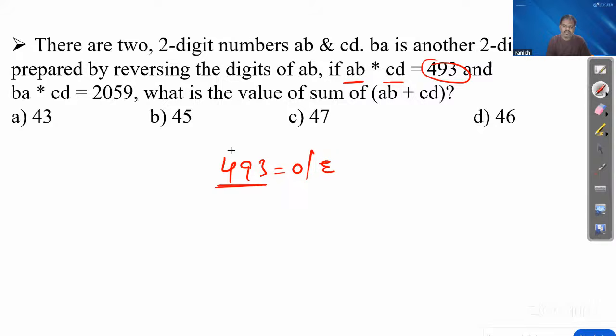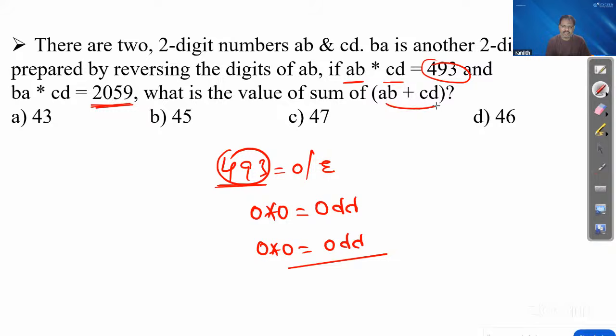When we are getting the value as an odd number, odd into odd will be equal to odd number. Here also multiplication is an odd number, so it is also odd into odd equal to odd number. Finally it is asking odd plus odd. Odd plus odd will be equal to even number. So the answer will be an even number.